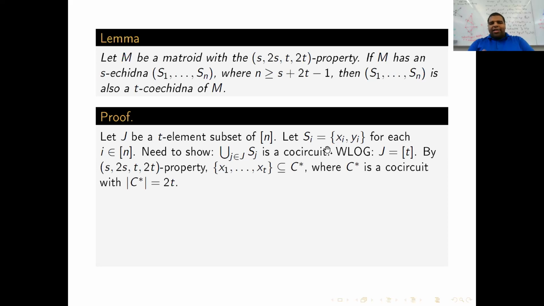Okay, so S sub i has these two elements, xi and yi. So if I take x1 through xt, I've got t elements. And so by the t part of the S2ST2t property, I know that these t elements have to be contained in a co-circuit of size 2t.